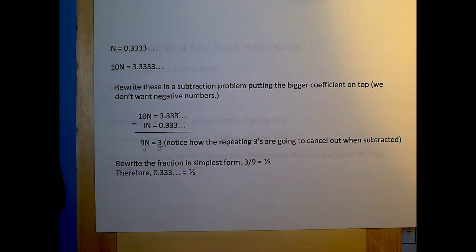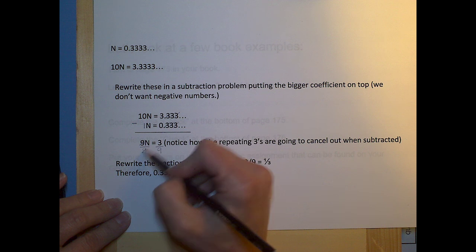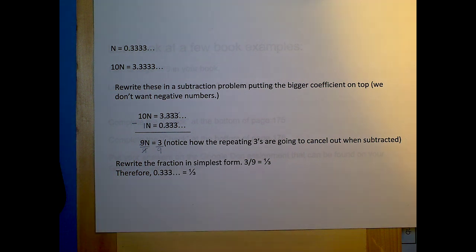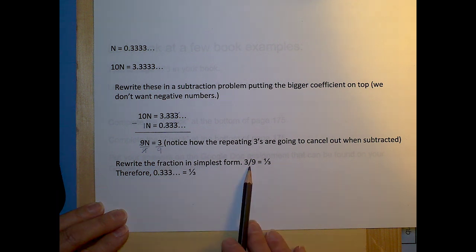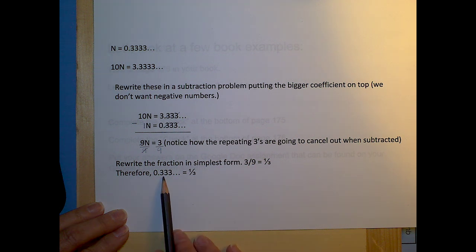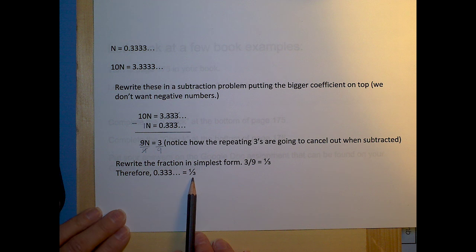We're going to divide both sides by 9. Okay, that 9 and that 9 cancel out because 9 over 9 is equal to 1. 3/9? Well, we can simplify 3/9 to 1/3. So that's how we get this repeating 3's are equal to 1/3.